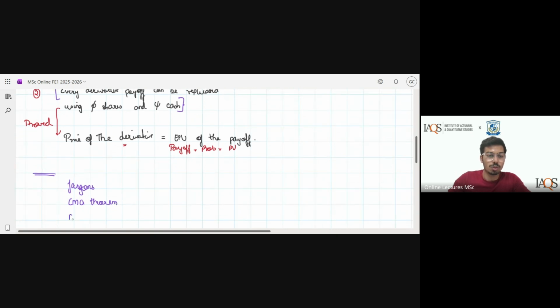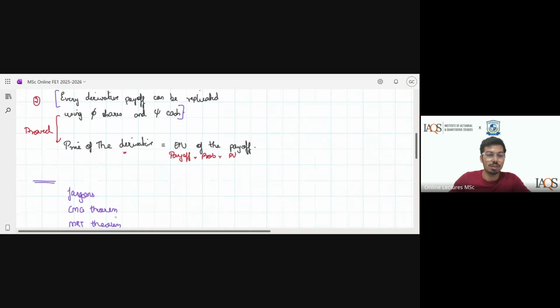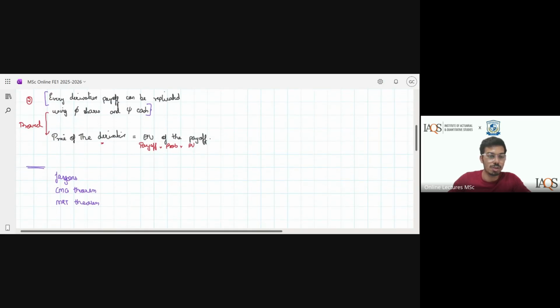We'll go to the MRT theorem. And we'll zoom out. We'll do a 5-step derivation under discrete and under continuous.